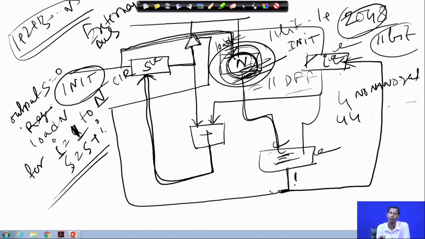So, looking at that point, my intention is, can I optimize this particular circuit keeping the functionality the same? At that time there will be a small change in this particular section. So, what will be the change?